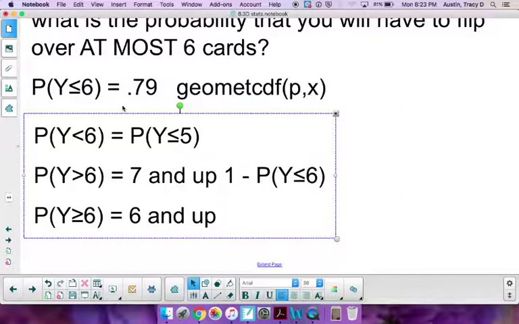So that means I have to leave off everything below 6. So I can't type 6 into the geometric CDF because it will count 6. So I would have to do 1 minus the probability of y being less than or equal to 5.